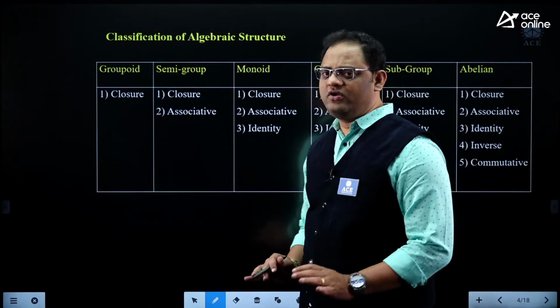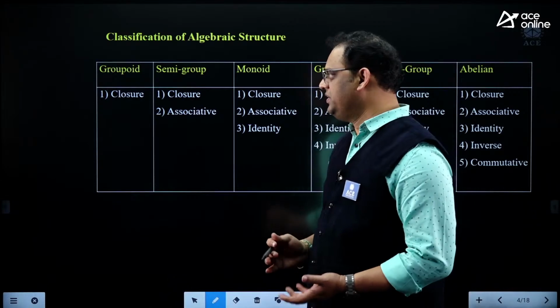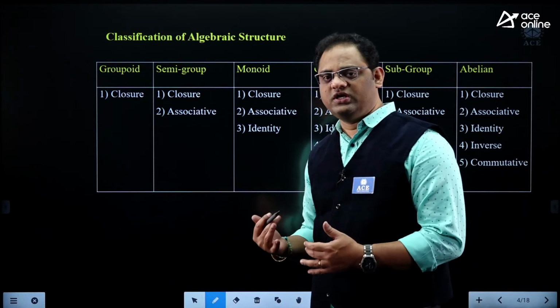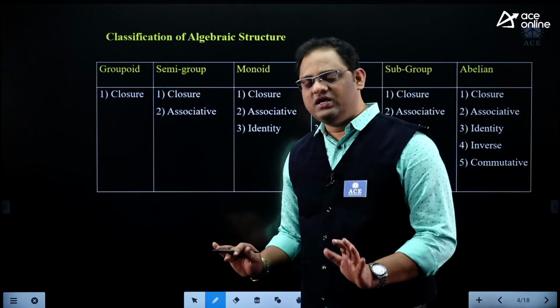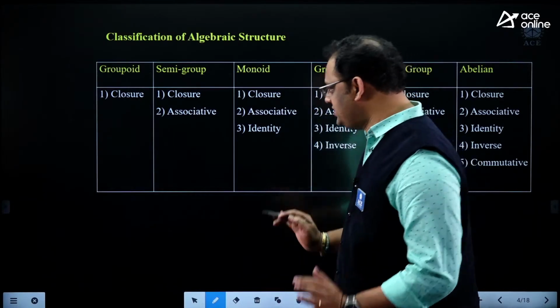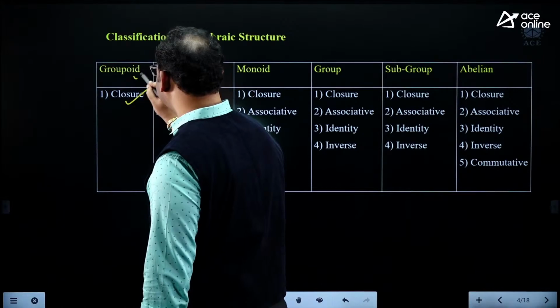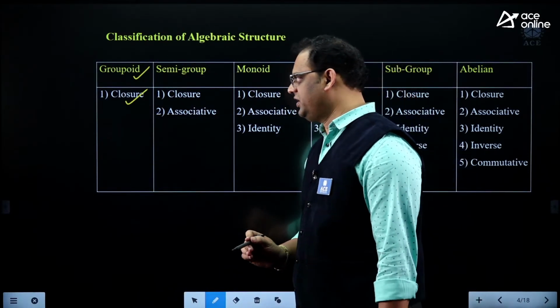Yeah, it may follow them, but the requirement is closure. If it follows closure, it doesn't mean it does not follow associative and the other properties. If it follows the closure property, that is necessary and sufficient to say that the given algebraic structure is a groupoid. Right? I hope you are getting the idea of the table.